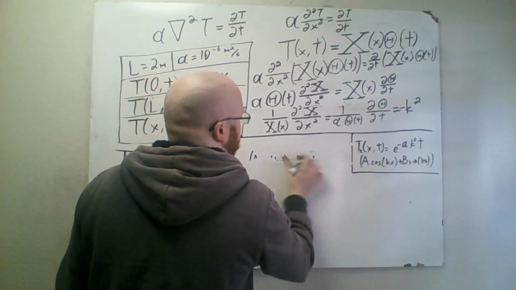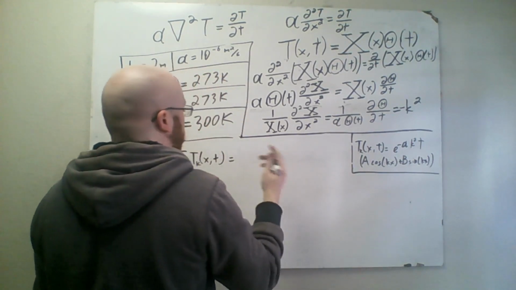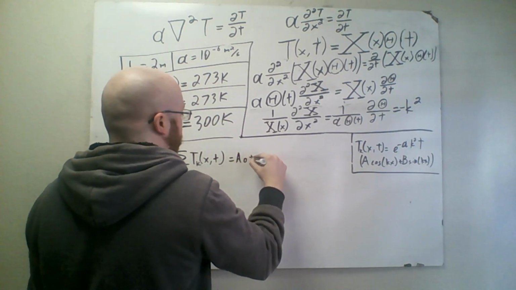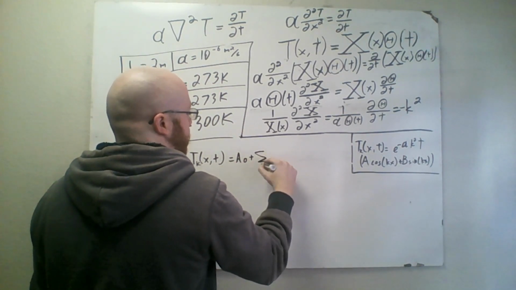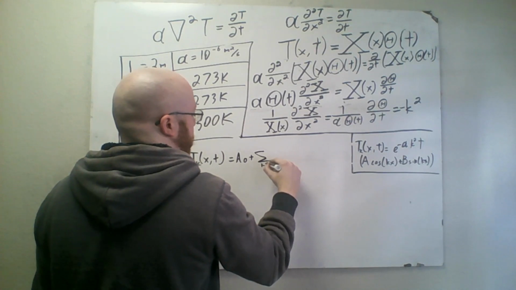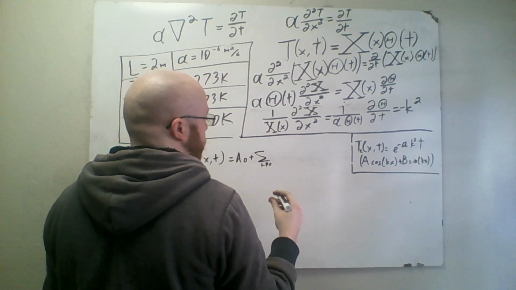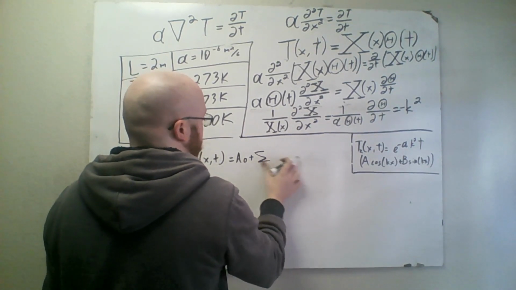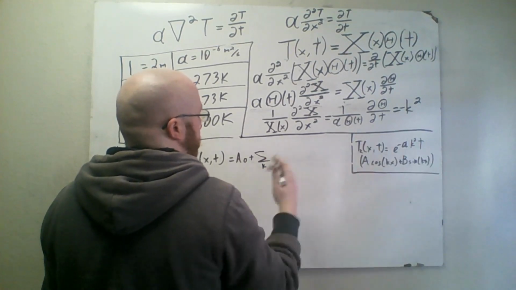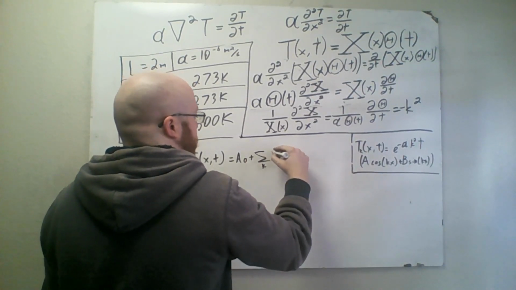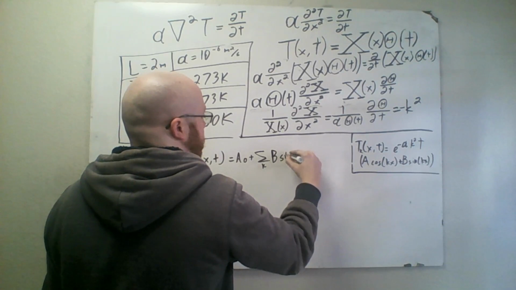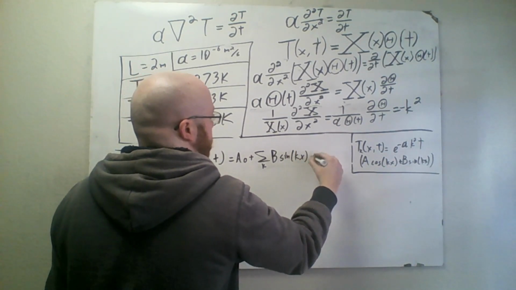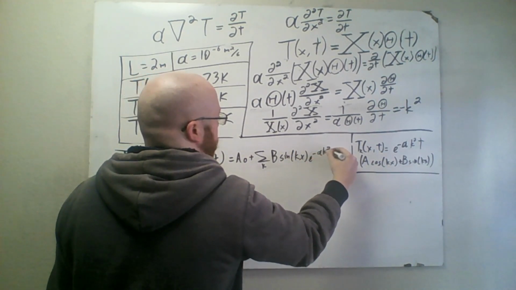I'm going to try to keep in symbols, or variables, as long as I can. So this becomes A0 plus sum, k not equal to 0. Actually, it doesn't matter because all the cosine terms are blank. So this becomes B sine kx e to the negative alpha k squared t.